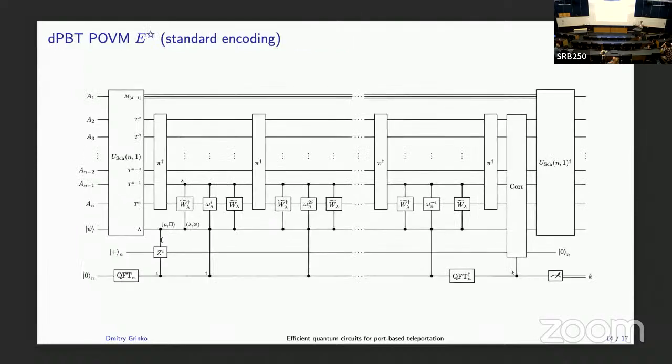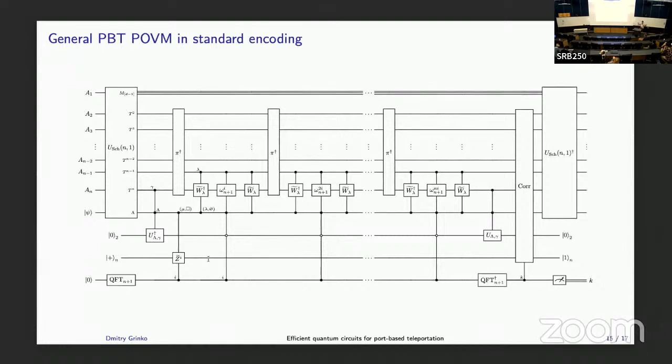On the other hand, if you want to do deterministic PBT, you add an n-dimensional system over here, and you do a controlled generalized Pauli here. If you want to do a generic PBT parameterized by this G matrix, you combine those two. This is basically the circuit for implementing any conceivable measurement in PBT which respects the symmetries of this problem.